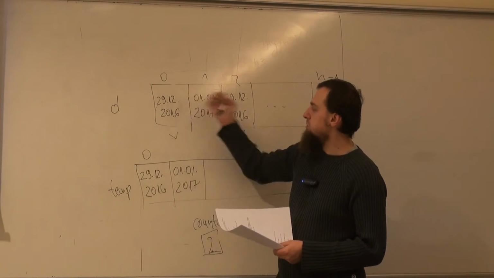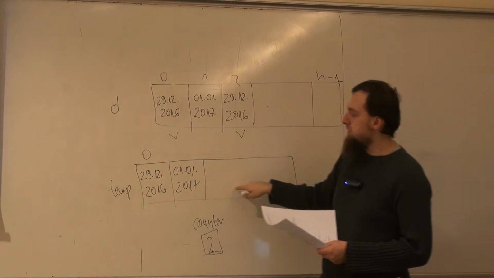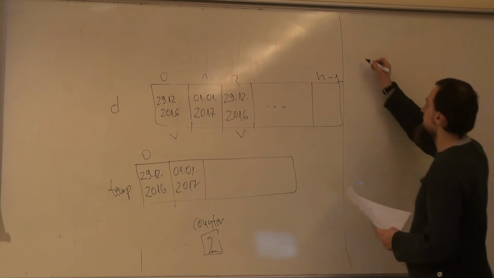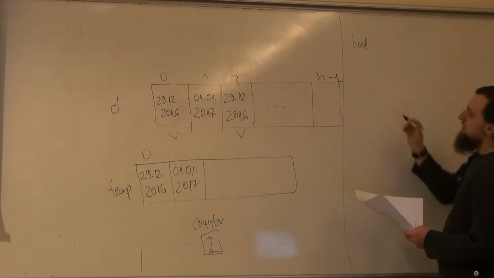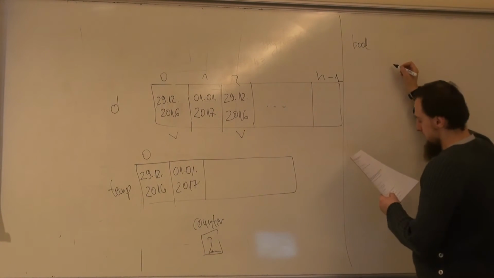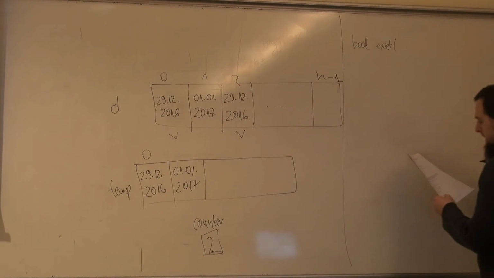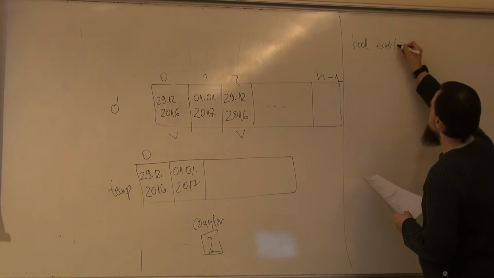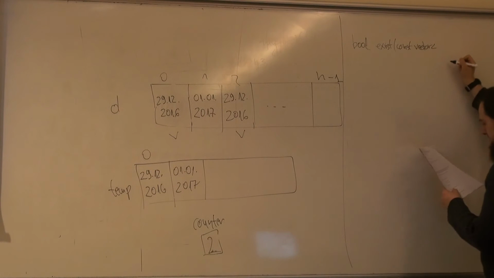Namely, I'm taking this array and a certain date, and I want to check whether this date appears here. So the function will return true if the date that I'm sending appears in the array. The name of the function is called exist. What I'm taking is a constant vector of dates.